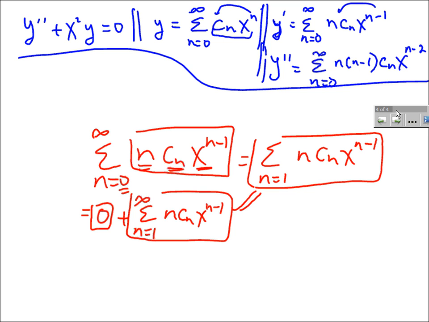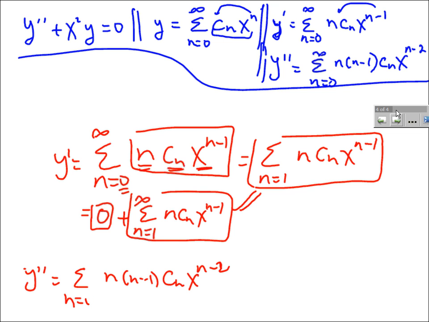Same thing with the second derivative. Let's actually label it. The same thing with the second derivative: n times n minus 1 c sub n x to the n minus 2. When you plug in 0, this times this times this times that will be 0. Why? Because that's 0. That's when n is 0.